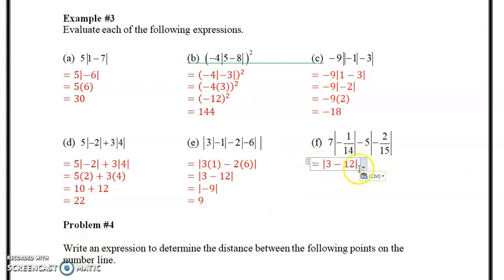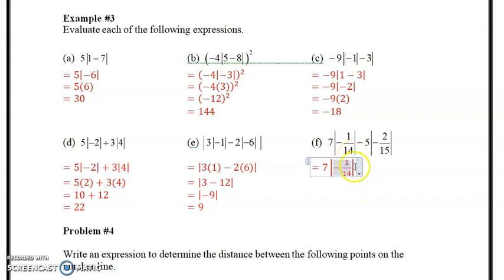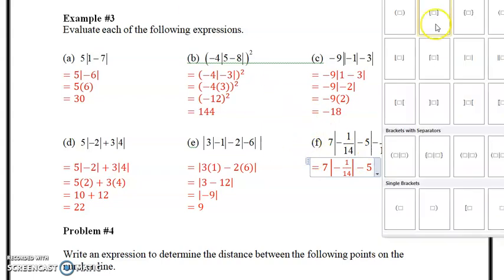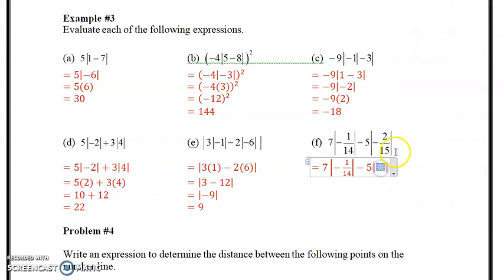Next we have 7 absolute value of negative 1/14 minus 5 absolute value negative 2/15. Okay, so it's just fractions this time. So still take the absolute value of a fraction.